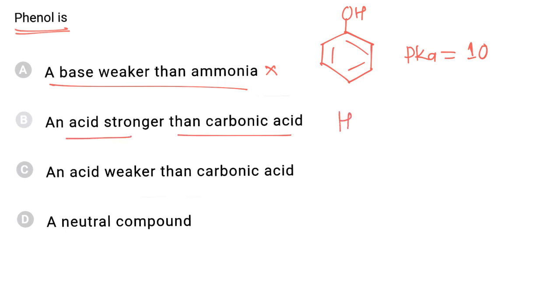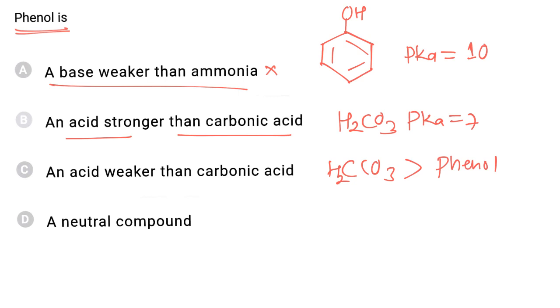Carbonic acid is H2CO3, which has a pKa value of 7. Now, the lower the pKa value, the higher the acidic strength, so carbonic acid H2CO3 is a stronger acid than phenol, so statement B is incorrect. An acid weaker than carbonic acid, option C is correct, and hence the correct answer is C.